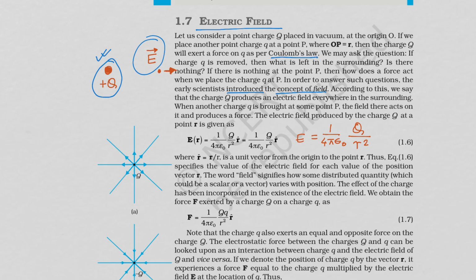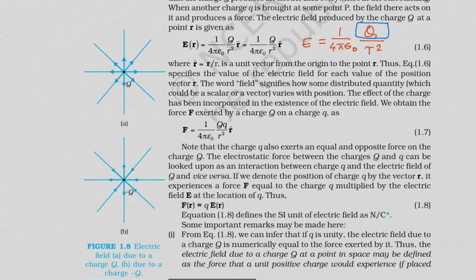Now here we only focus on the capital Q, the charge at the origin. So in the formula, capital Q is there, but not the small q, meaning no other charge is required. Hence, the electric field depends only on the charge at the origin.